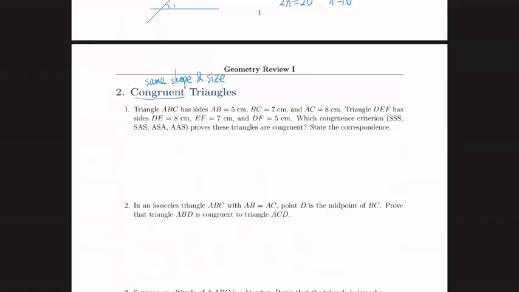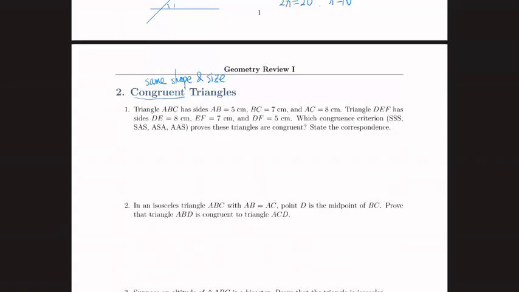First one's easy. We have two triangles, ABC with three sides, DEF, three sides. Are they congruent? And what are the corresponding vertices, corresponding sides? Kira? DE corresponds with AC, EF with BC, and DF with AB.